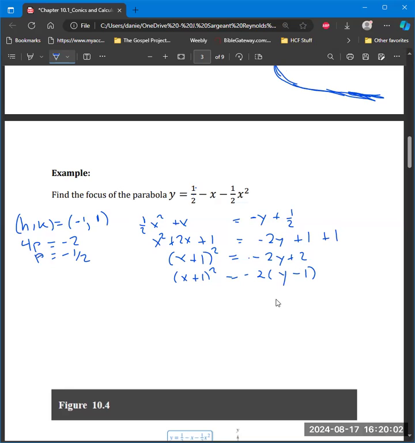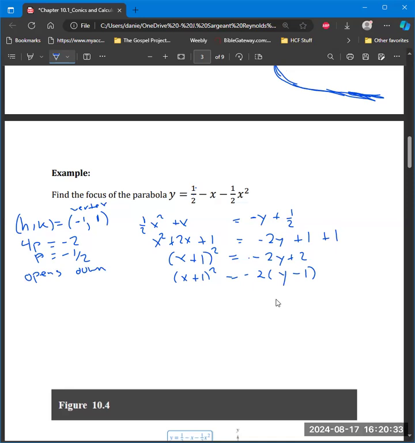So that tells me that I have a vertex here at negative 1, 1. I have a parabola that opens vertically. This opens up or down, and it opens down since p is negative.